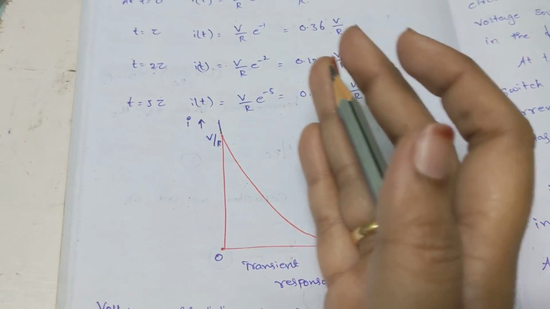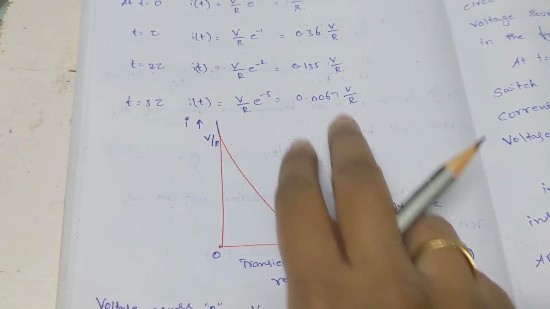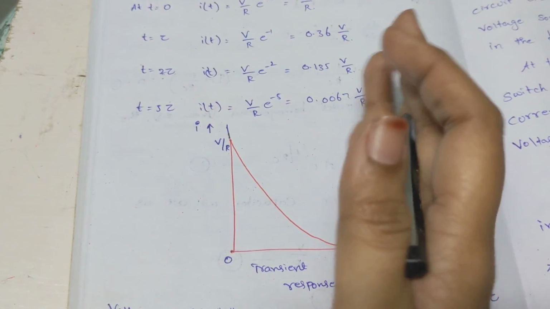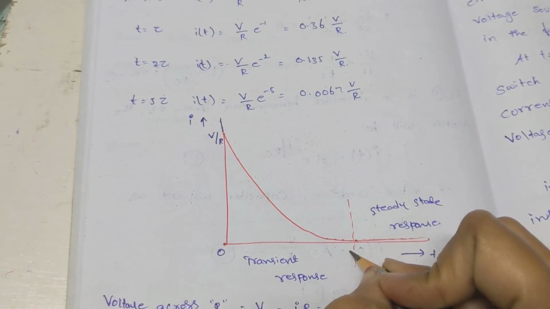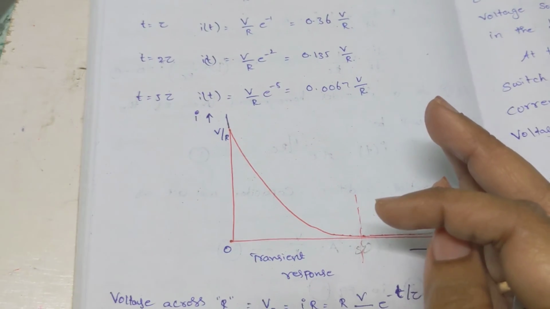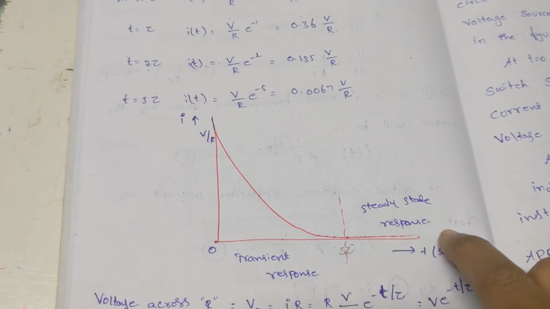Even if you calculate for 6 tau, it is almost equal to 0. I can't say it equals 0; it reaches a steady state value.